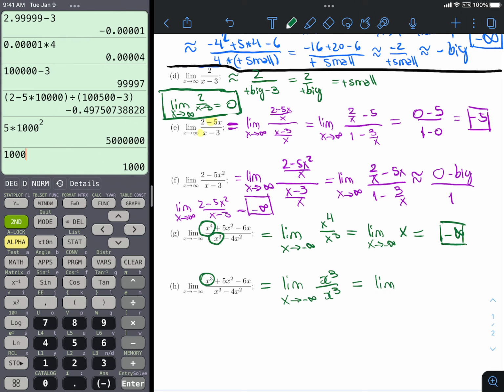So that's just two equal things dividing each other. That's just a 1. So the answer for this is just 1. That makes it very easy and simple to make those calculations. I hope this helped you understand infinite limits and limits at infinity a little bit.